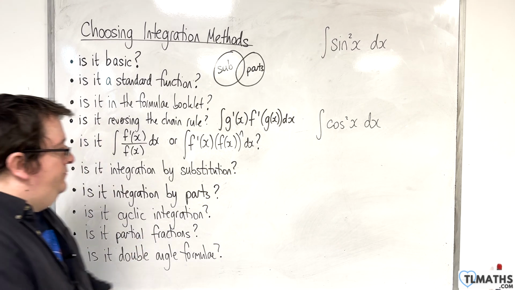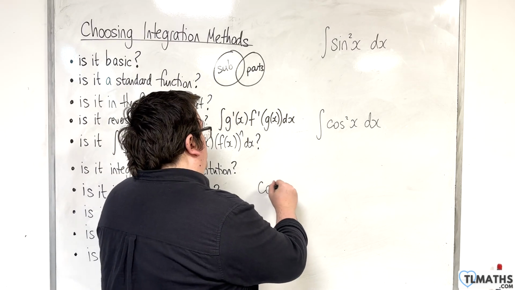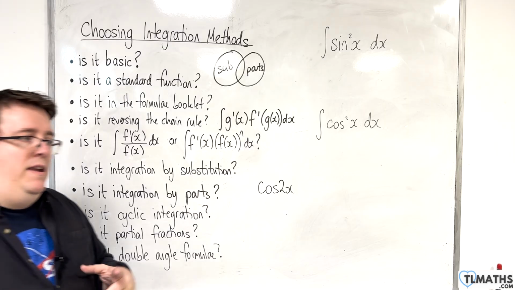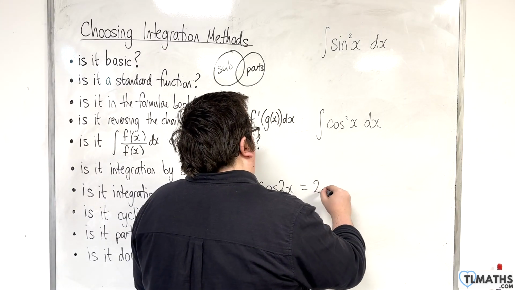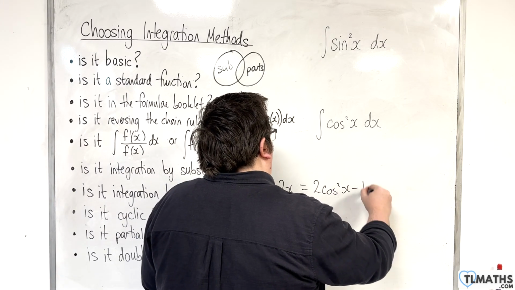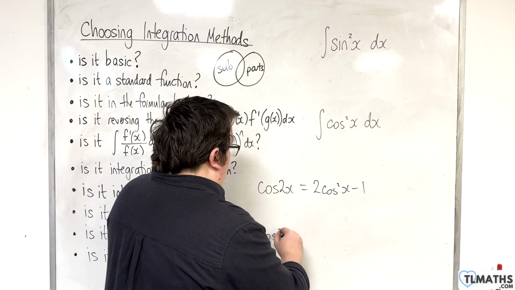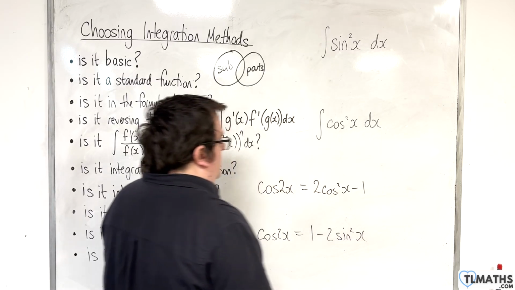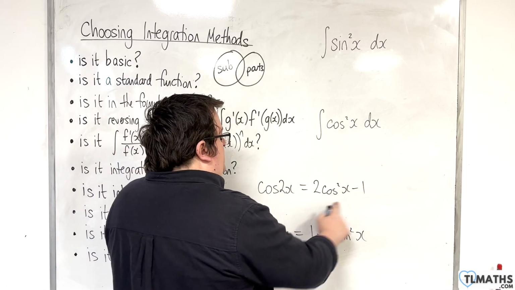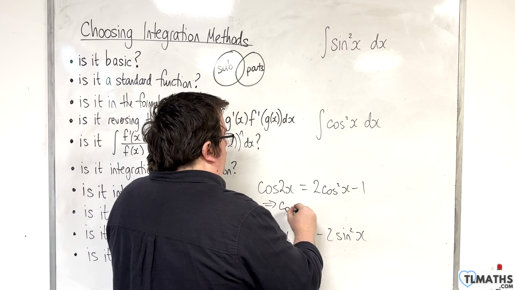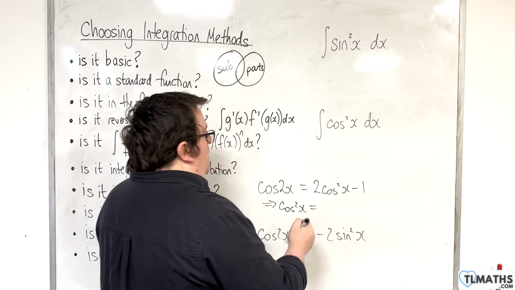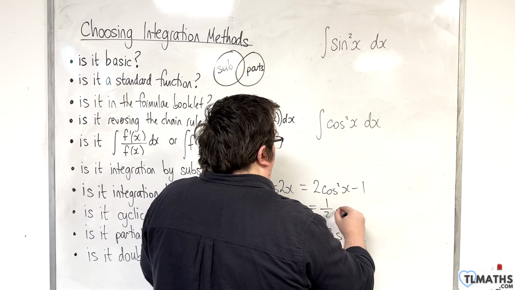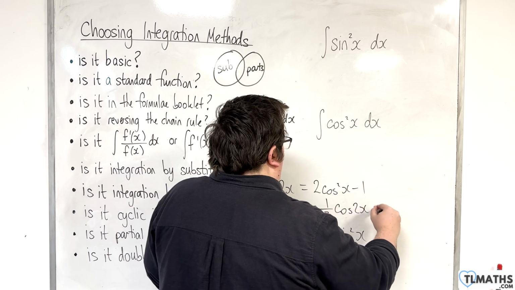So, the double angle formulae. Cosine 2x can be written as 2 cosine squared minus 1, and it can also be written as 1 minus 2 sine squared. So cosine squared can be rearranged: add 1 to both sides, divide through by 2, to get 1/2 cosine 2x plus 1/2.